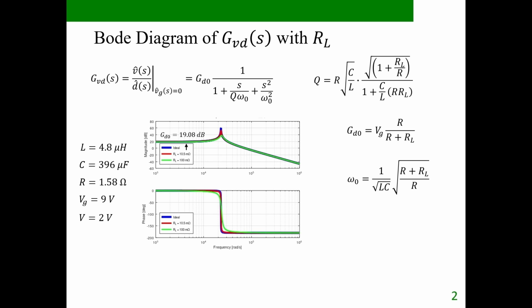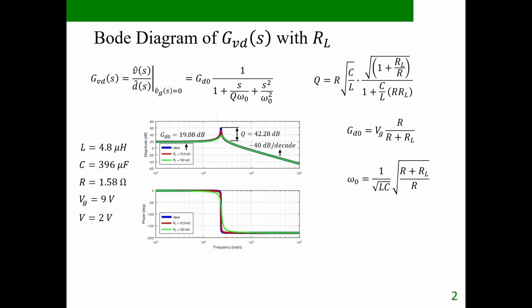With the finite inductor resistance, the gain reduces slightly. Then a strong LC resonance peak determined by the quality factor Q. For the ideal case, the Q factor is 42.3 decibels. A higher Q produces a sharper peak, while higher inductor resistance lowers the Q. A minus 40 dB per decade roll off beyond the resonant frequency.